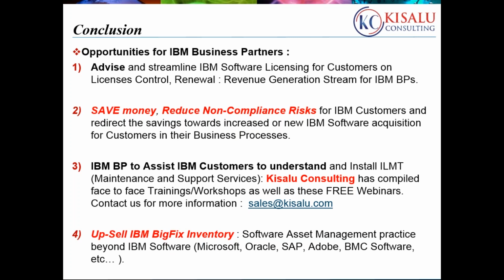And for that, IBM BigFix Inventory can be used. IBM BigFix Inventory is not free, but it can be suggested to customers that would like to track software usage beyond IBM. So the IBM BigFix Inventory will be accepted by IBM for IBM software and other software.